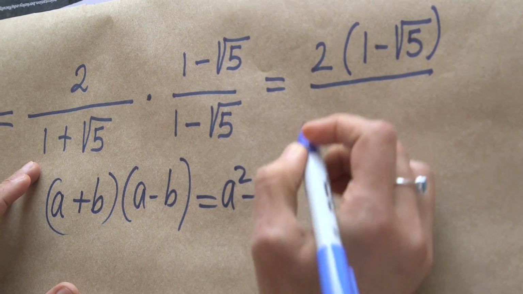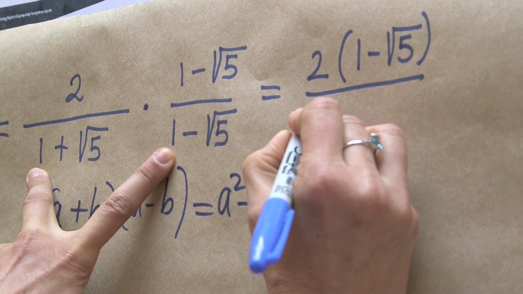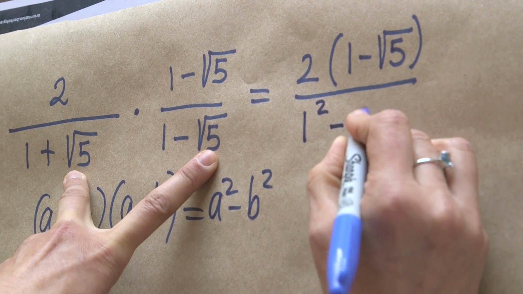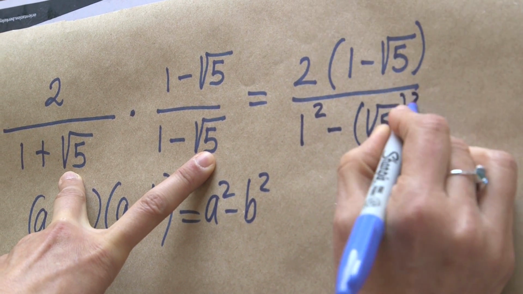So by this formula, you will have 1 squared minus square root of 5 squared.